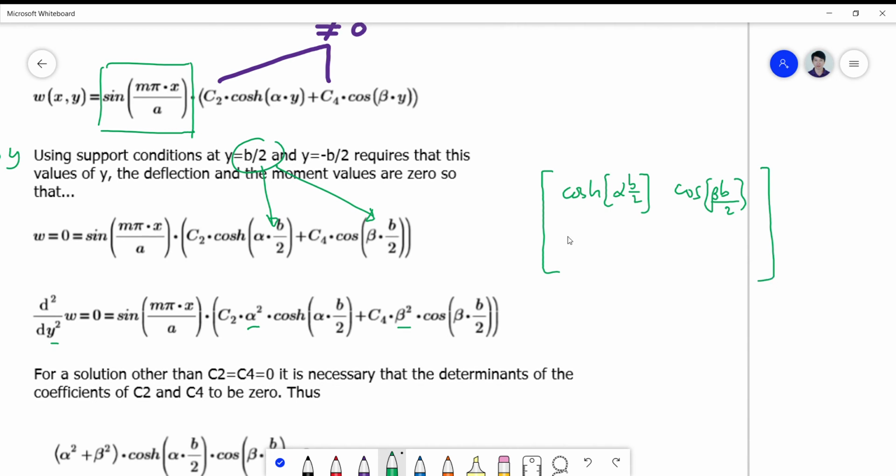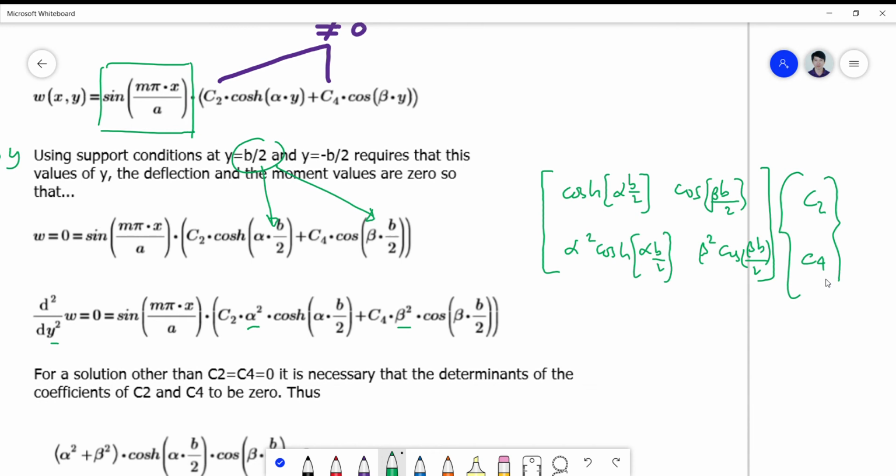And this one here will be alpha squared cos of alpha b over 2 and beta squared cos of beta b over 2. Okay, so this is now my matrix, and then of course this is your C2, C4.